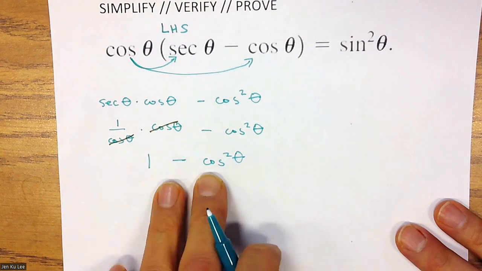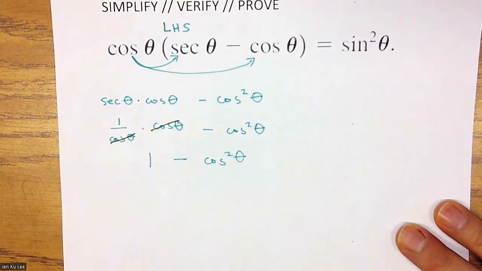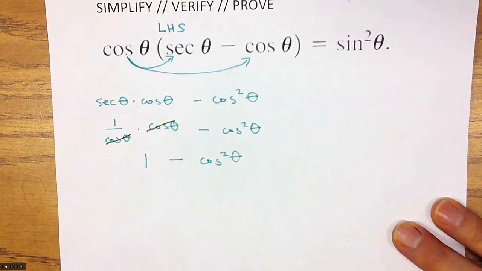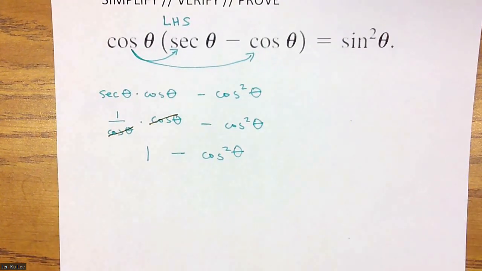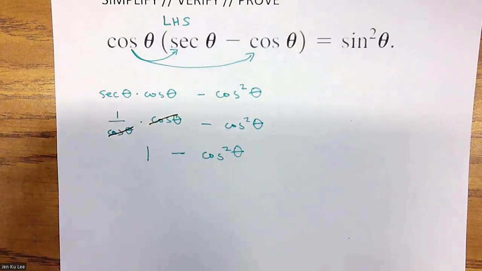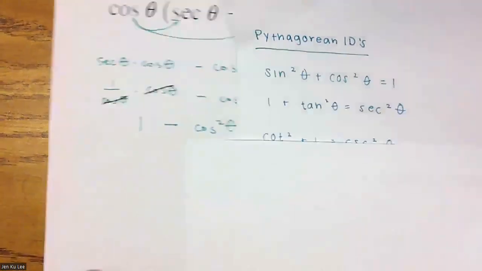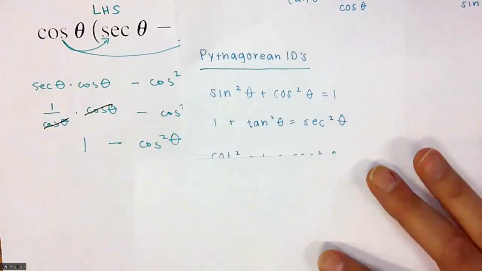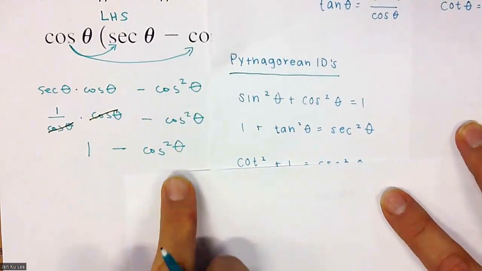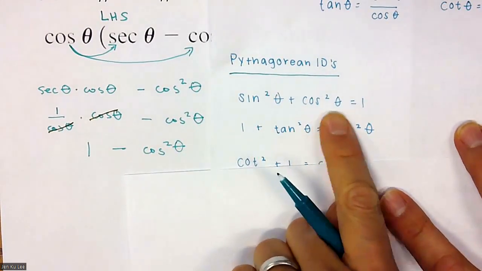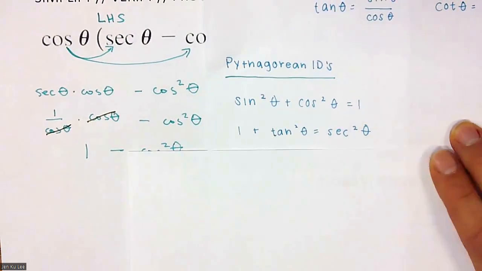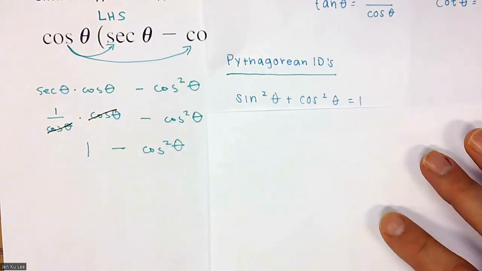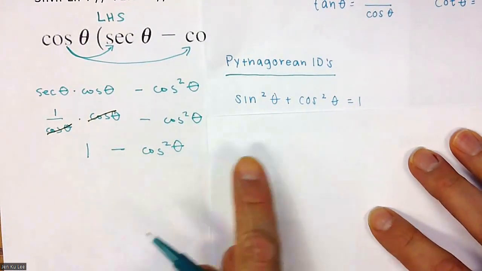Questions on how I got that? No? Now, if I look at my trig identities, because I do see a trig function squared, I'm going to go down to here. Which one? Well, cosine squared, this is the only cosine squared. Can I make this from this?